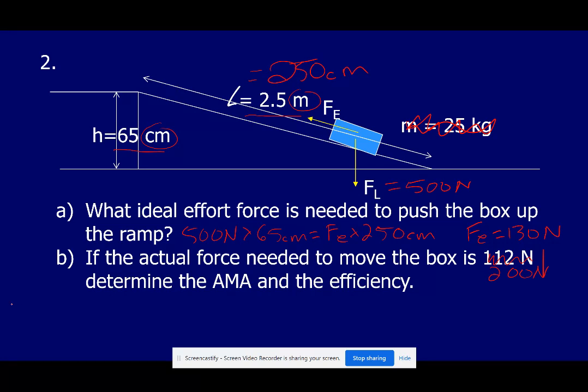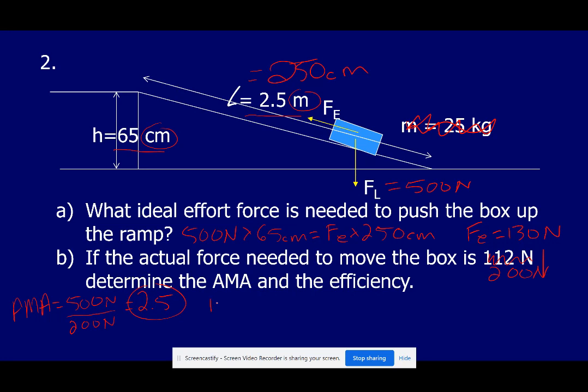All right, so AMA is equal to load force over effort force. So the load force, 500 newtons. The effort force, the actual effort force is that 200 newtons. In a perfect world, if there was no friction, we got 130 newtons. So 500 divided by 200 newtons is 2.5 for our actual mechanical advantage.